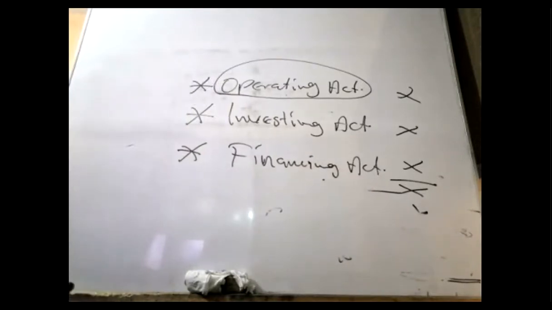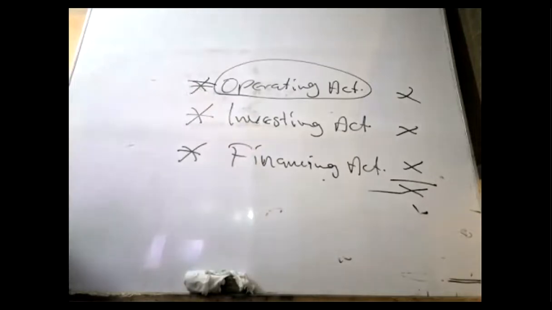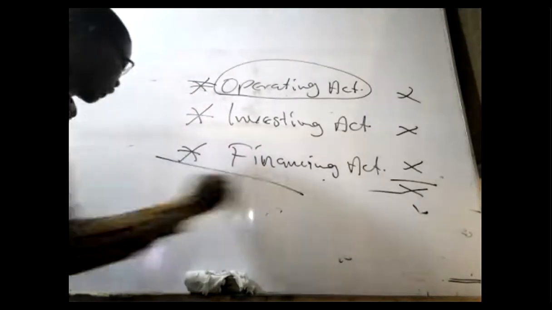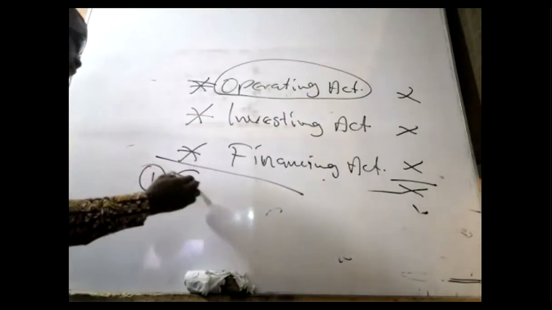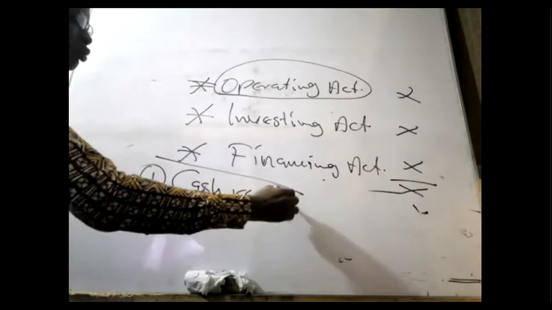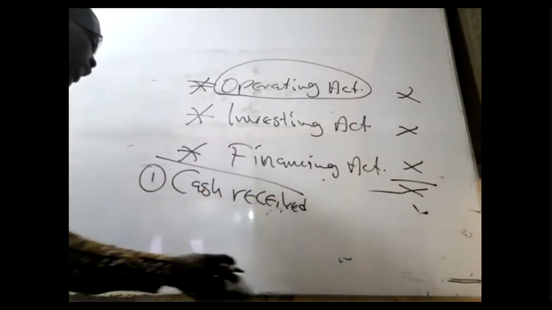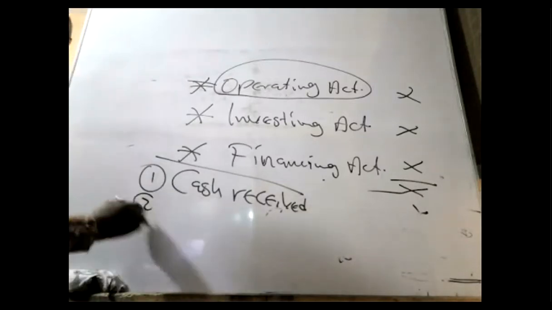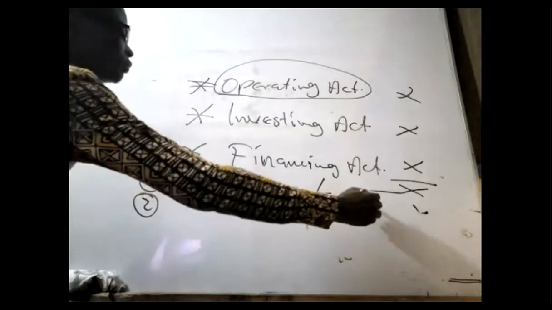Number one, let's examine operating activity. Cash received from what? Customers. Cash received from customers, including cash sales.